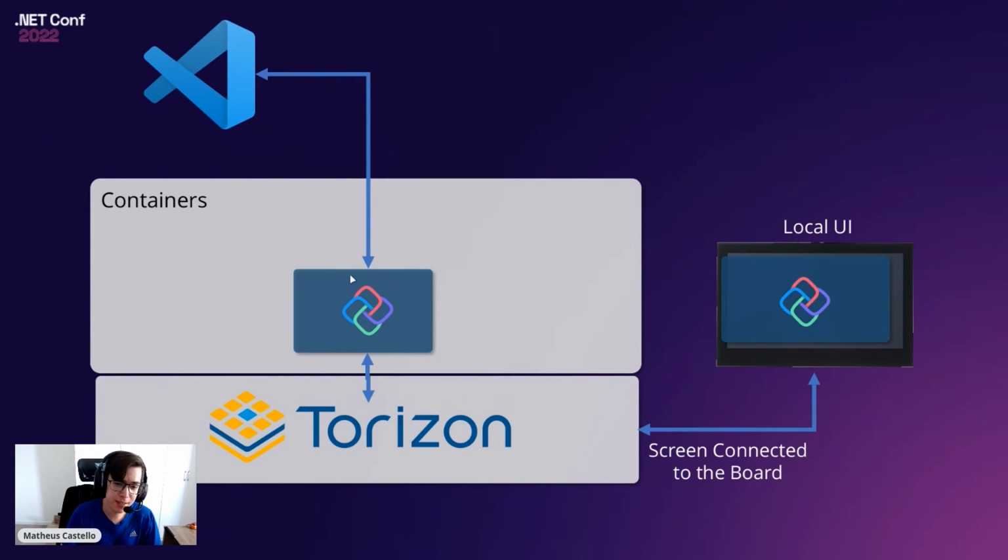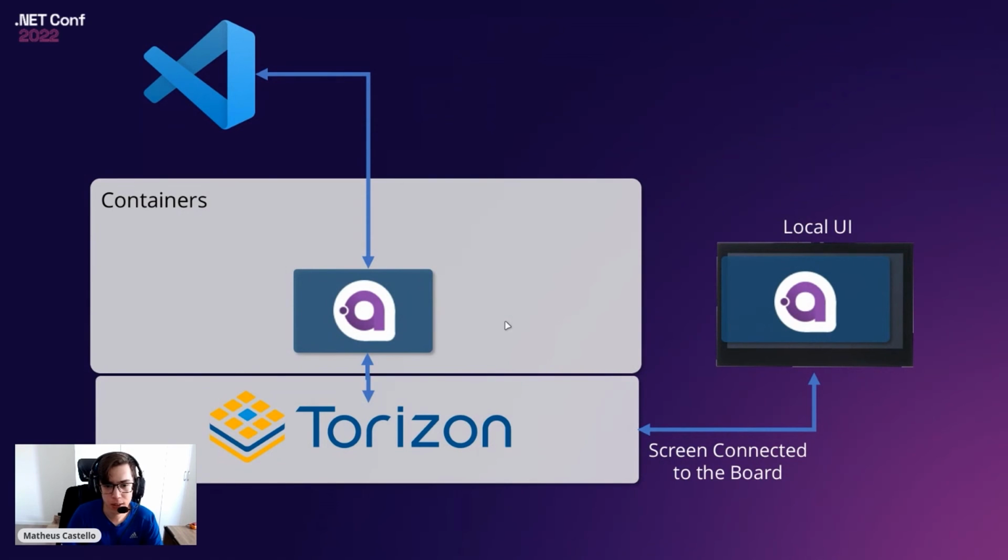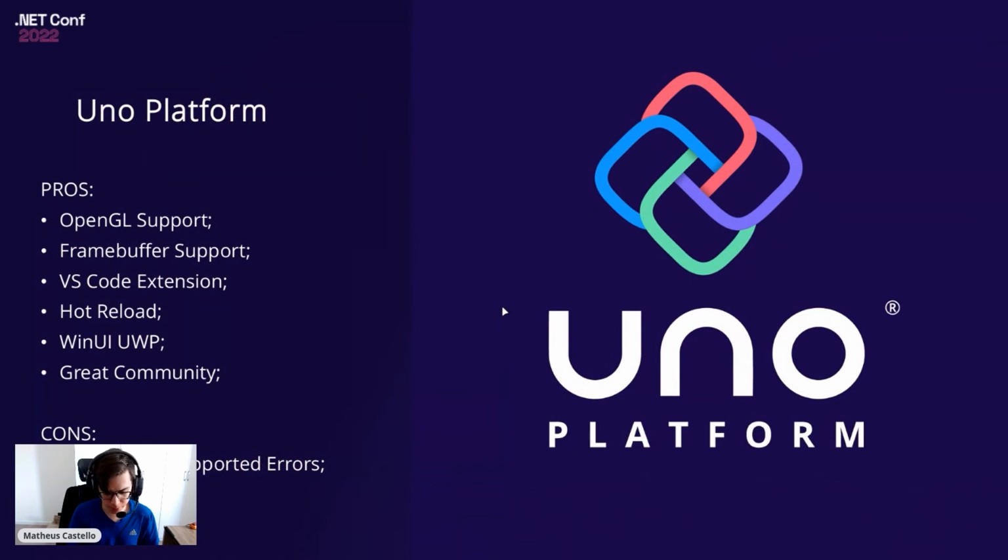As I said, only one container, only the container for Avalonia. Uno Platform to finalize here. My time is ending. Okay, the Uno Platform is my preferred framework today for graphical user interfaces to use with Linux, right? There is also OpenGL support. There is framework support, but they don't support DRM, the direct rendering manager.